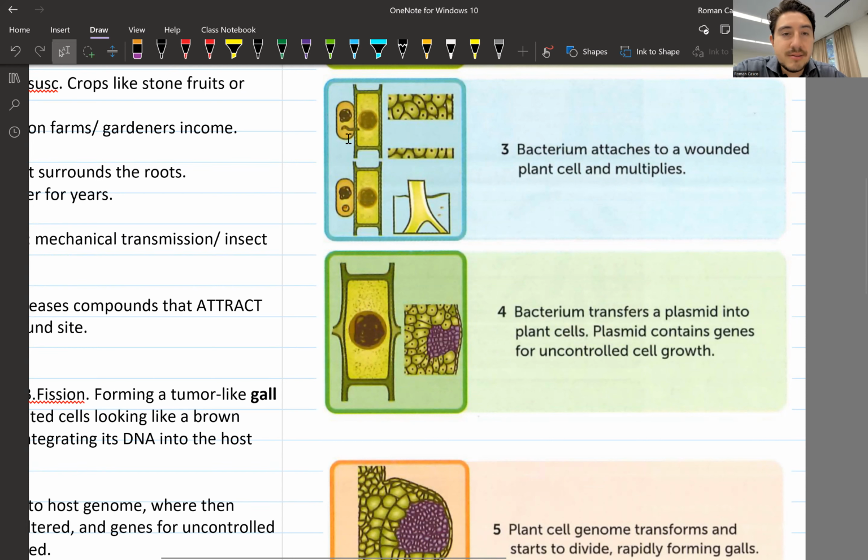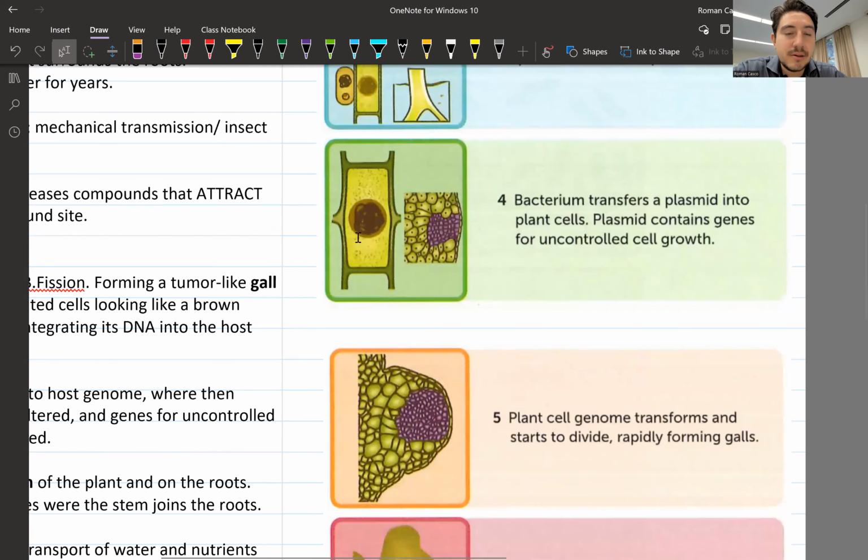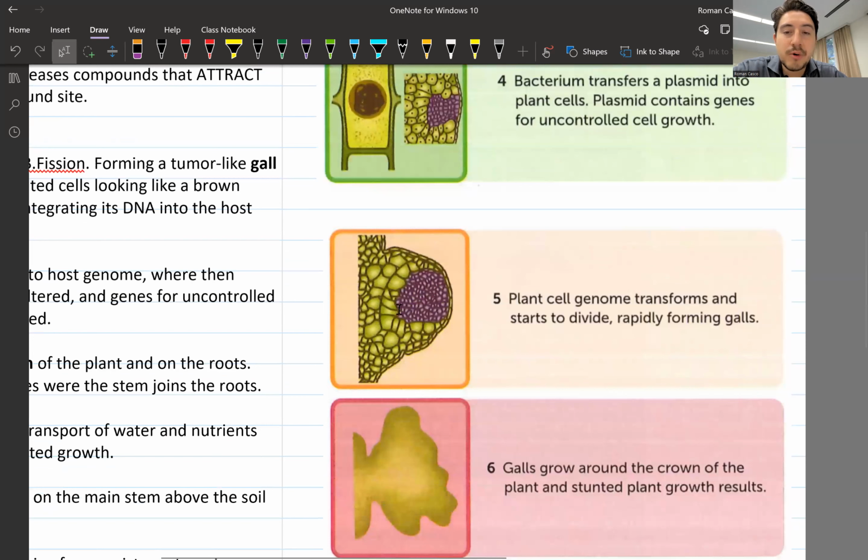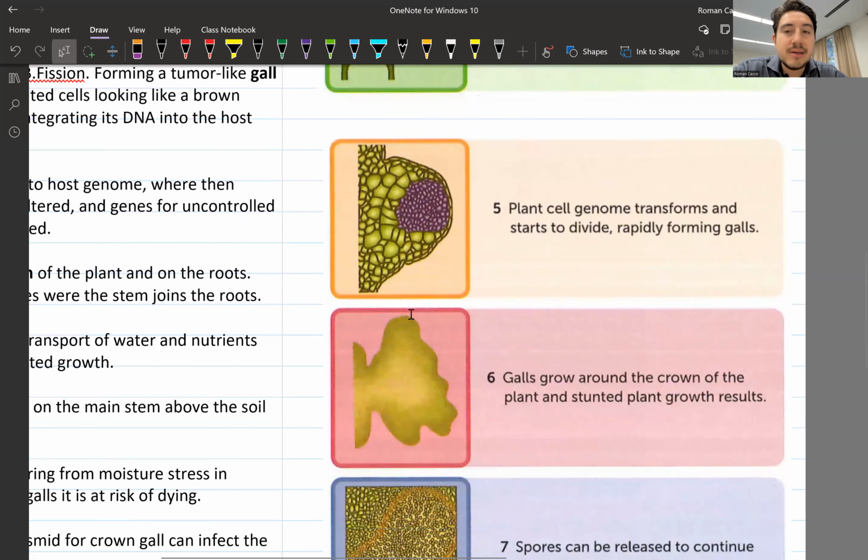It injects its plasmid into the plant cell, and then you start to get uncontrolled cell division, right? This is one individual plant, but if you see the tissues here, each little plant cell, that purple area is those infected cells that are starting to grow uncontrollably, and they grow more and more until you have this mass here, which is basically the gall.